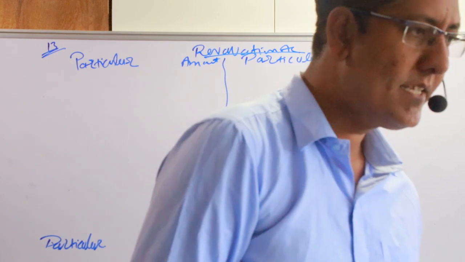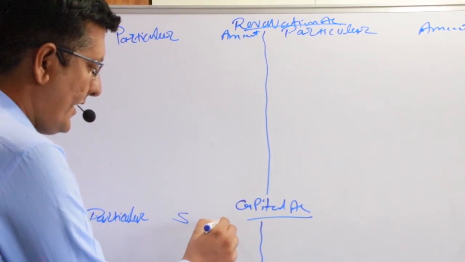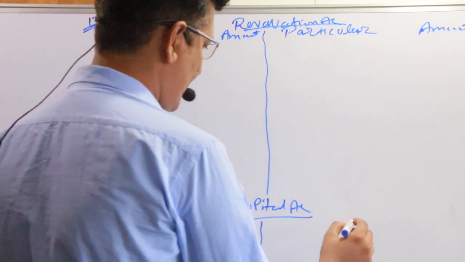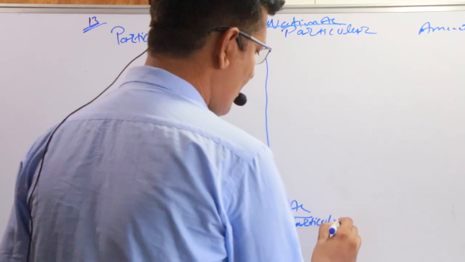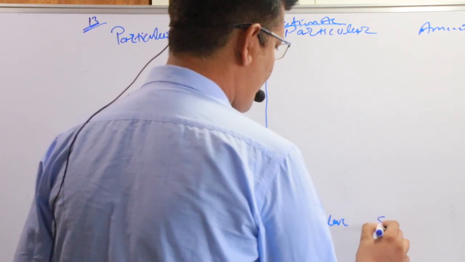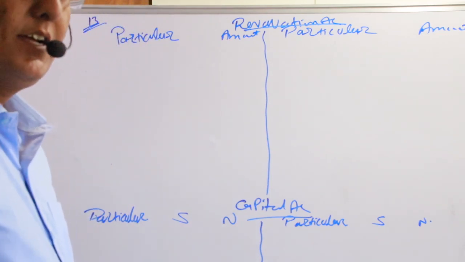Here the partners' names are Sajan and Nirmi. So 1 column for Sajan and 1 column for Nirmi. Same way here particular, 2 columns for amount, 1 for Sajan and 1 for Nirmi.